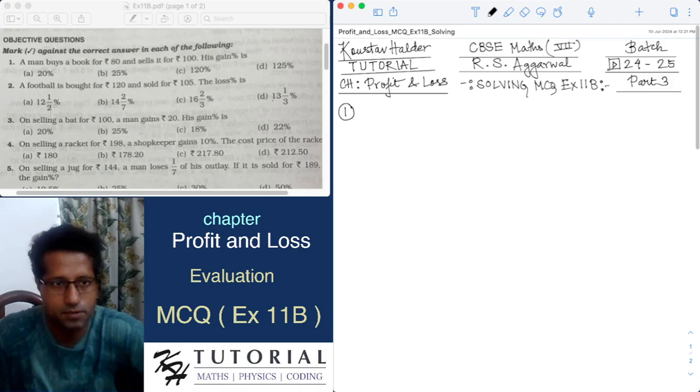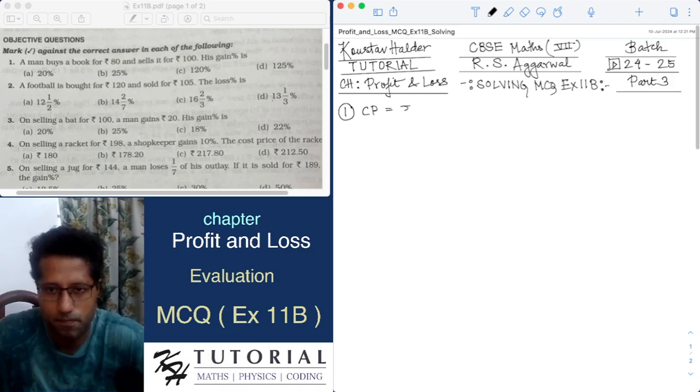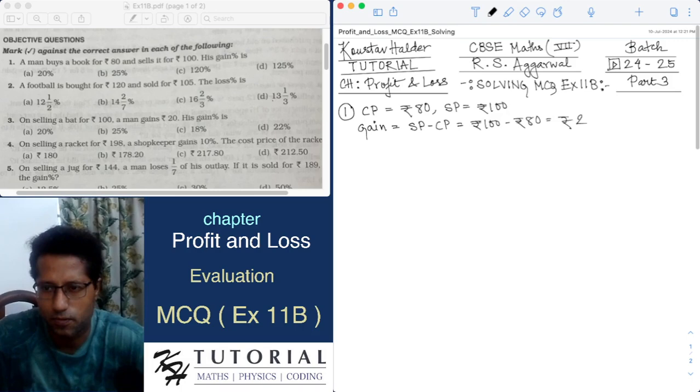The first problem says that a man buys a book for rupees 80 and sells it for rupees 100. His gain percent is, okay, so the cost price is given to be 80, and the selling price is 100. Definitely the gain is SP minus CP, that is 100 minus rupees 80, this is rupees 20.